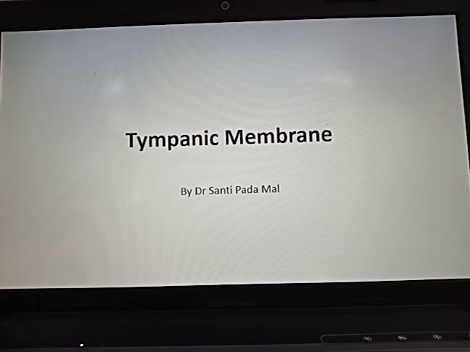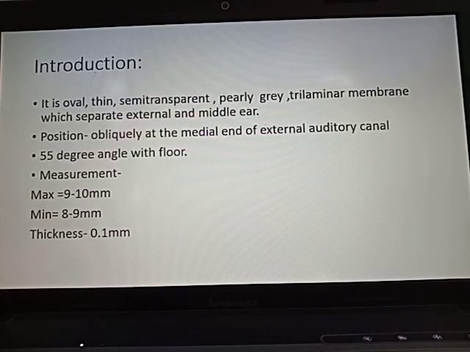So we start with the tympanic membrane. First, the definition. It is an oval, thin, semi-transparent, pearly gray, trilaminar membrane which separates the external and the middle ear. You all know it is the partition between the middle ear and the external ear.